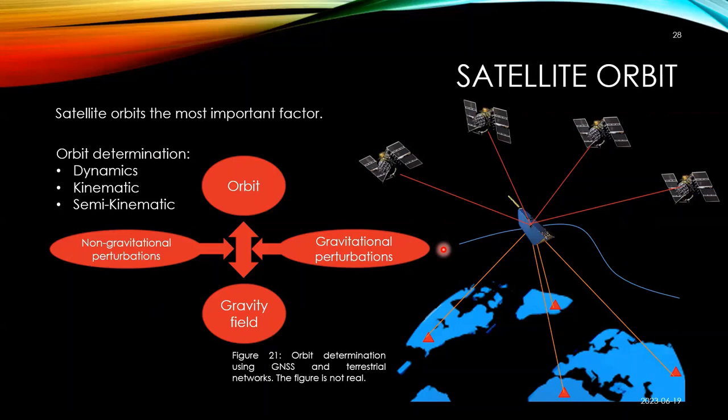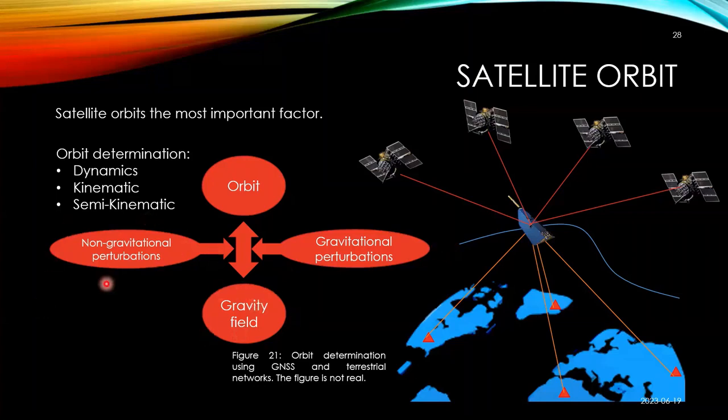They all can be used for determining precise coordinates for the satellite, because these changes in the satellite's movement are due to the gravity field, of course the biggest one. This type of orbit determination is called kinematic orbit determination.